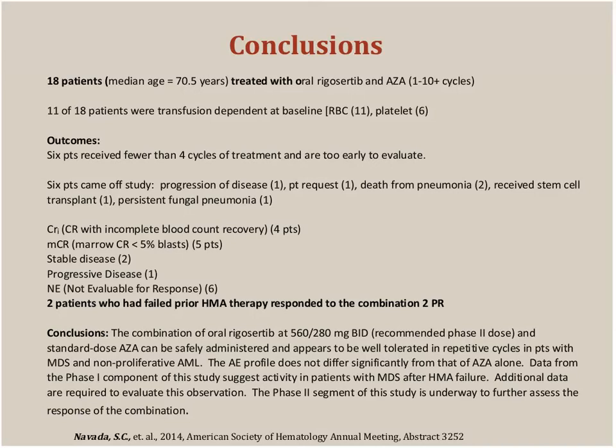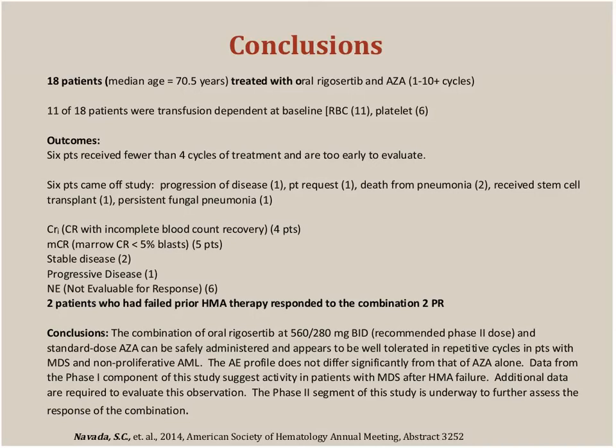So 4 patients achieved an incomplete response, meaning there was improvement in blood counts, but not sufficient to qualify as a CR. An additional 5 patients beyond these CRi had less than 5% blasts in the marrow, so a marrow CR. 2 had stable disease, 1 progressive disease, and 6 were not evaluable for response.